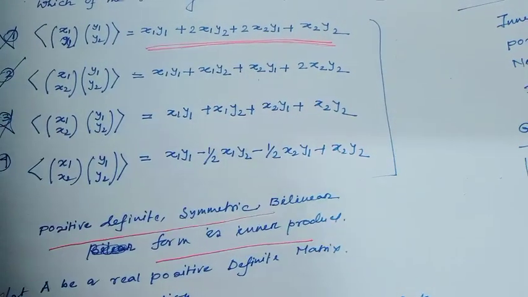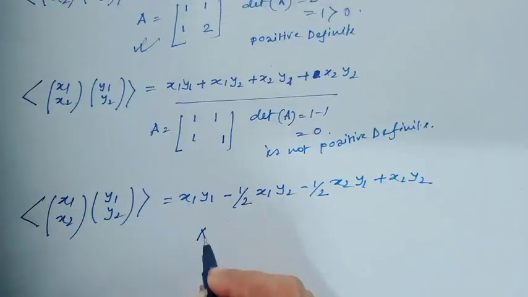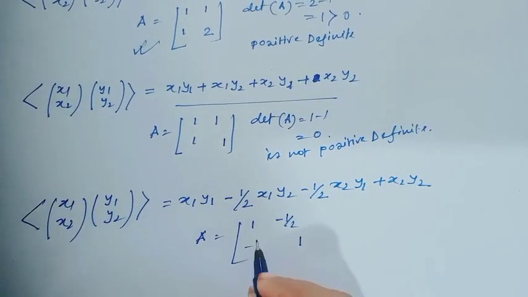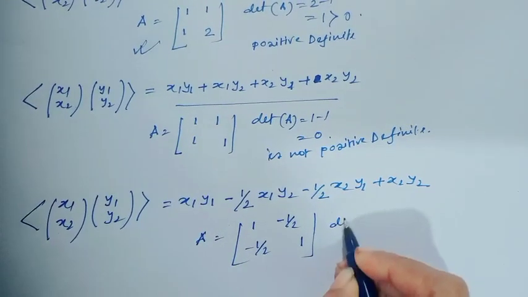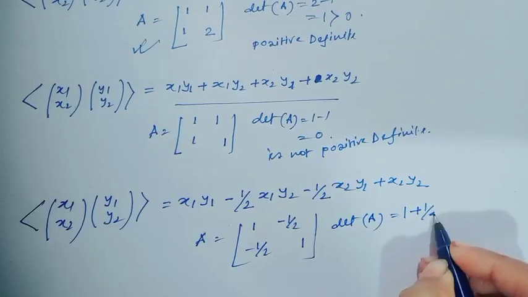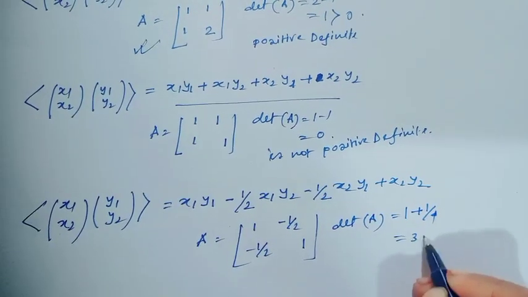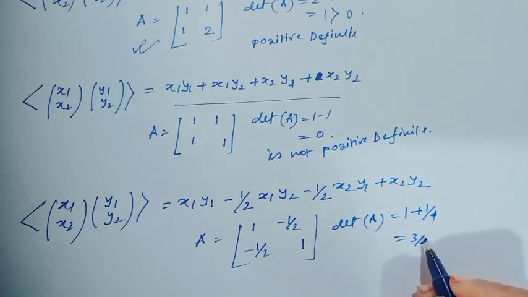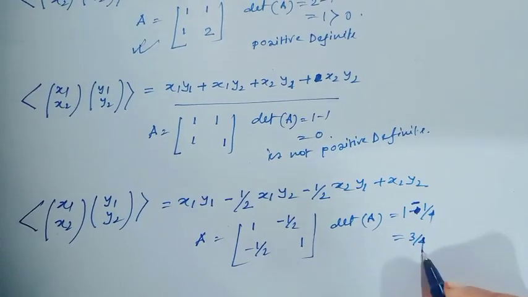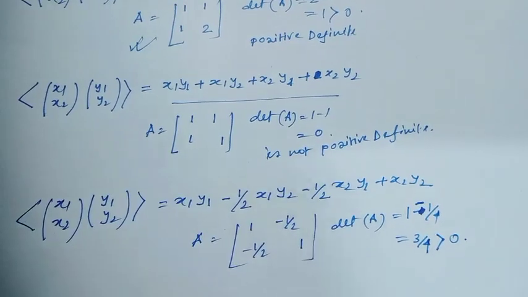Now let's see option 4. The matrix would be 1, minus half, minus half, 1. The determinant of the matrix would be 1 minus 1 over 4, which is 3 over 4, strictly greater than 0.